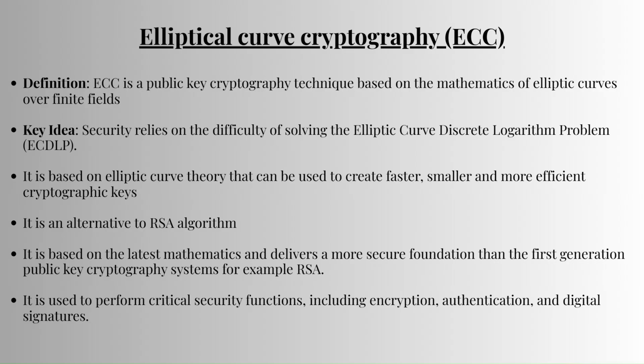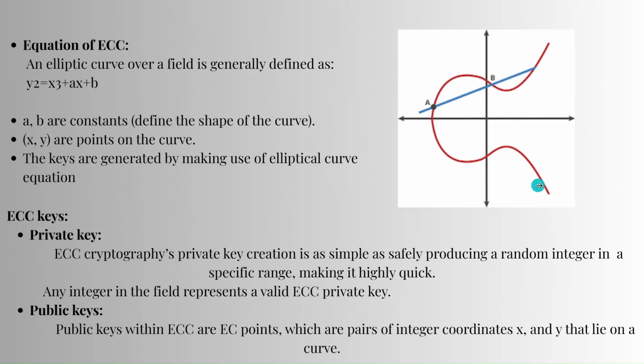So it is an alternative to RSA. How it is an alternative to RSA we will be discussing in the further slide, as we have the difference between both. It is based on the latest mathematics and delivers a more secure foundation than the first generation keys. So it is used to perform critical security functions including encryption, authentication and digital signature.